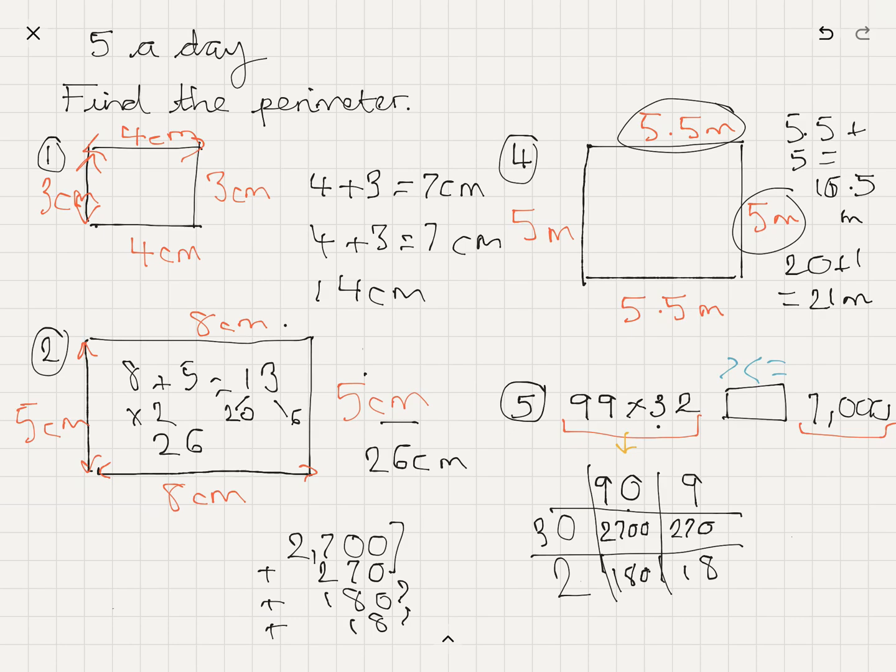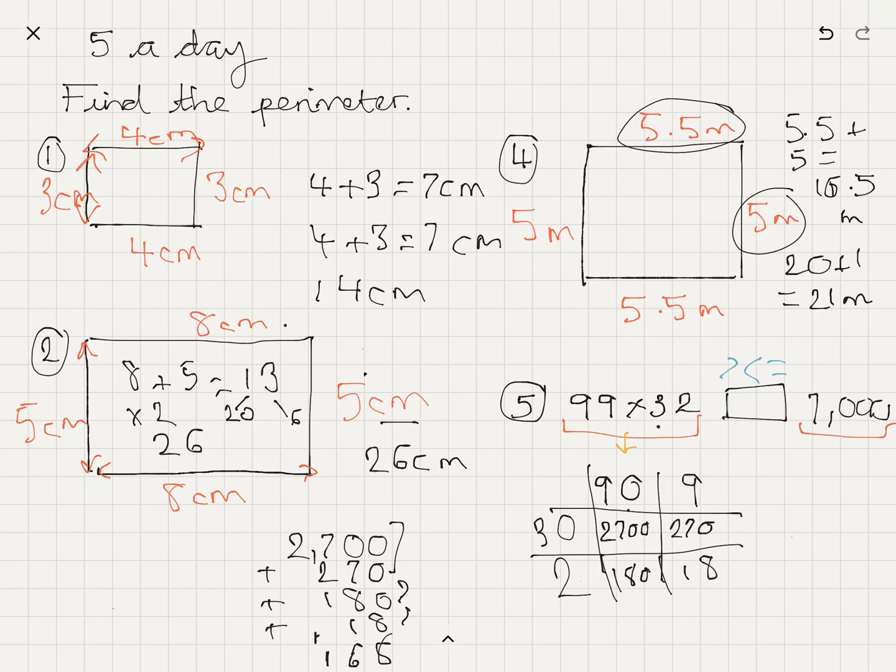So 0, add 0, add 0, add 8. Then we can agree that would be 8. 0, add 7, add 8, add 1. The way my brain works is I put that 1 over to the 7, so it's 8, add 8, which I know is 16. So I'd pop my 6 there and I'd carry my 1 up here. So we're adding our 1 on here now. And then we've got 7, add 2, which is 9, add another 1 is 10, add another 1 is 11.